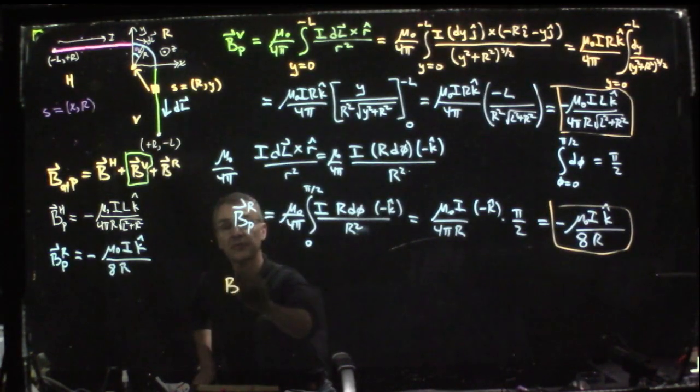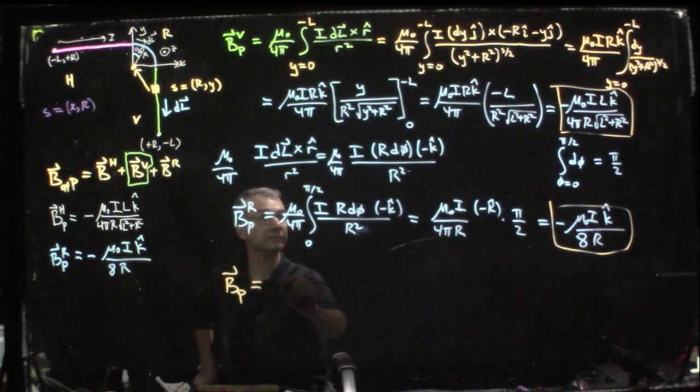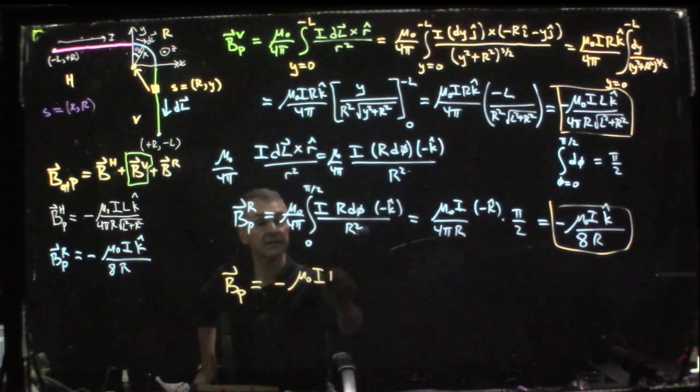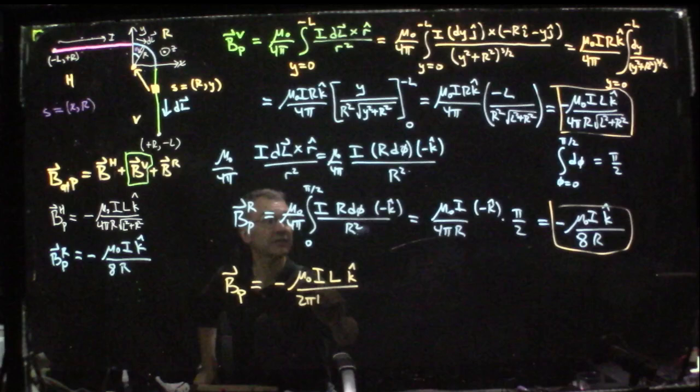So the magnetic field at P equals minus mu naught I L k hat over, we're just going to double this, 2 pi r square root of L squared plus r squared.